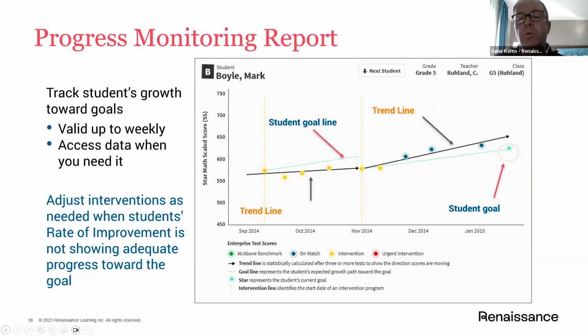Ideal best practice we find is somewhere between 4 and 5 tests across the semester. So when we look at Mark's example, Mark's example would be an extreme one. Most kids would be September to January in the same intervention, where they were probably having 4 or 5 tests to generate a trend line and then reevaluate their placement in the middle of the year.